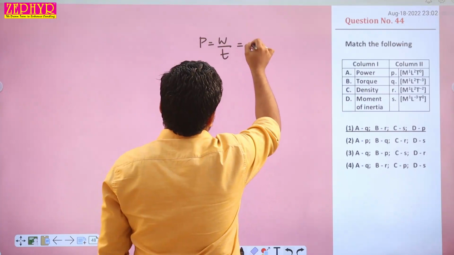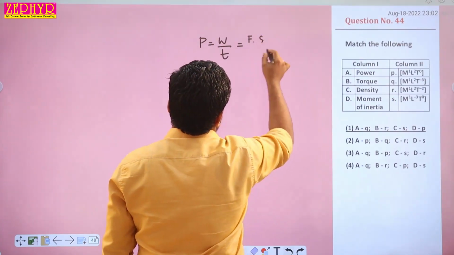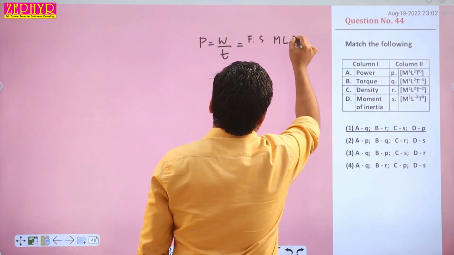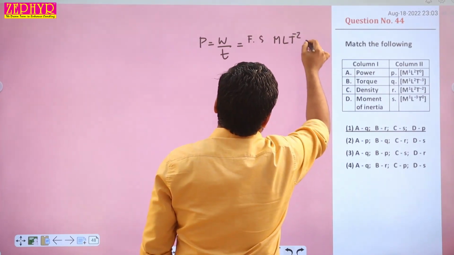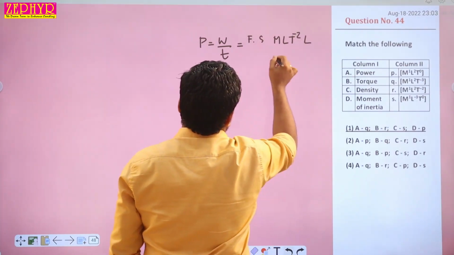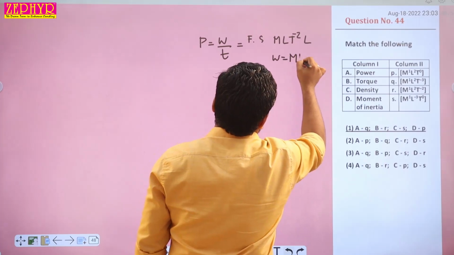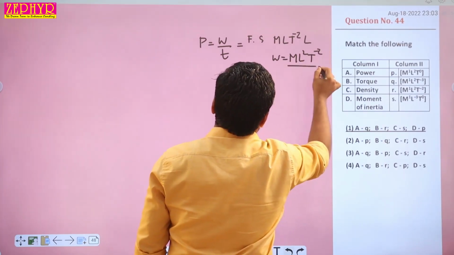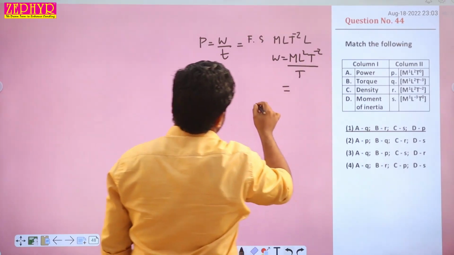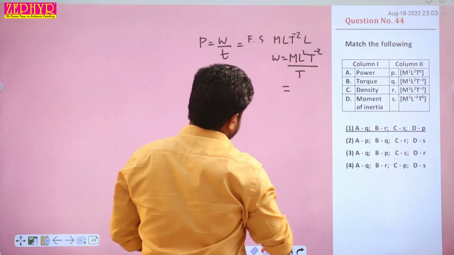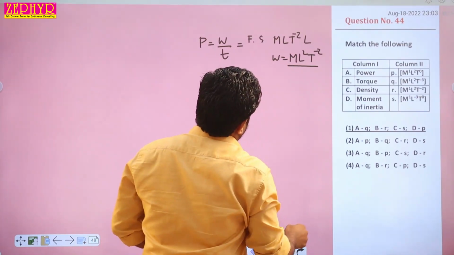W is equal to force into displacement. Force is equal to m l t raised to minus 2, S is L. So work W is equal to m l square t raised to minus 2.